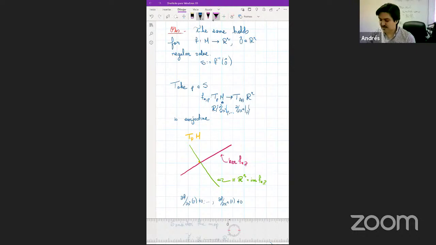So I will make some arrangements. The image of this is a subset of dimension n. So I'm going to assume that the first ones do not go to 0. So I assume that those functions do not go to 0.